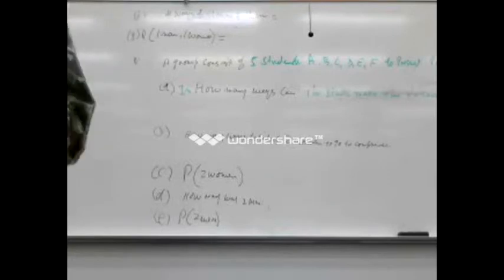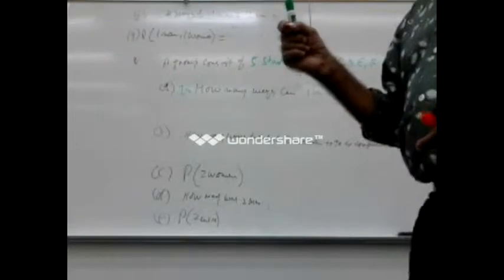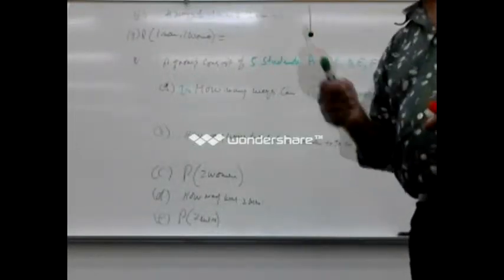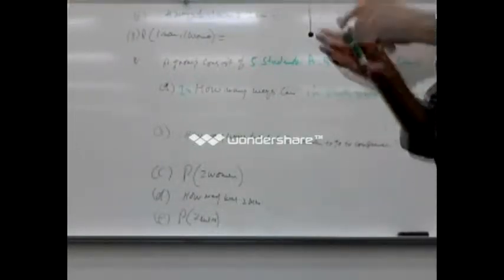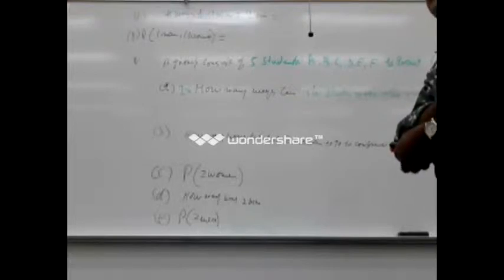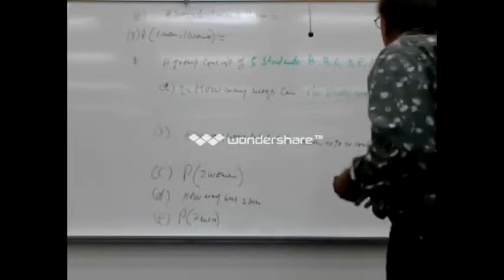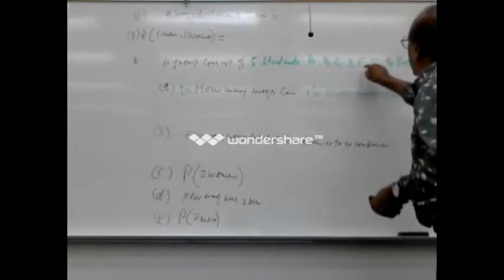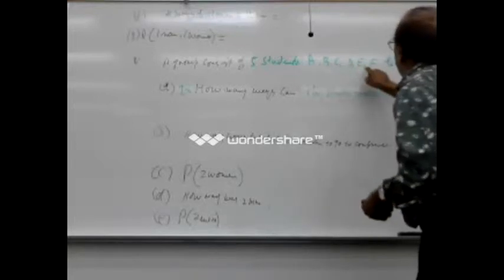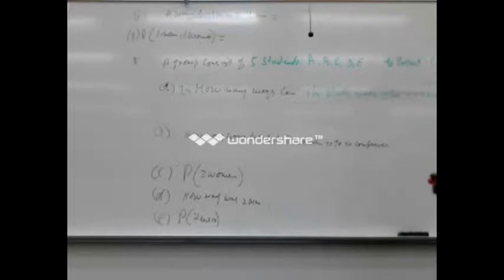Well, remember, let's go back to permutation. Remember we said that the number of permutations of n distinct objects is n factorial. So if you have here 1, 2, 3, 4, 5, we have 5 students, A, B, C, D, and E. 5 of them are to present.